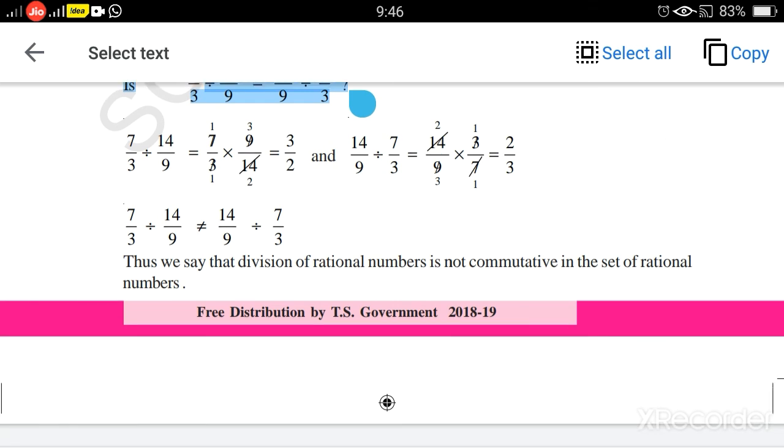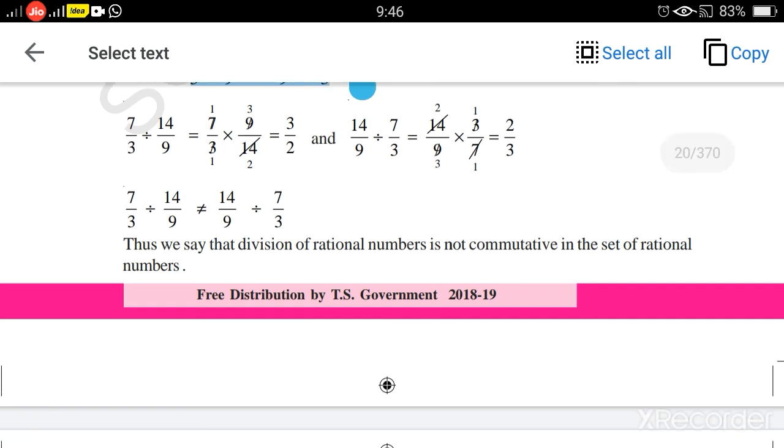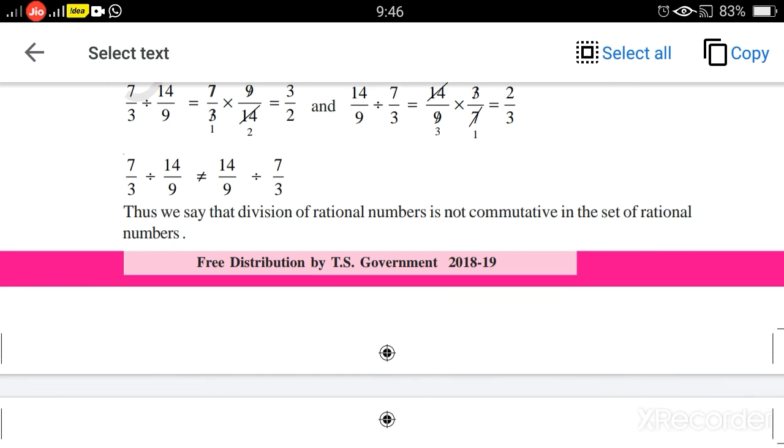In the first situation we get 3/2, and in the second, after changing the order, we get 2/3. Both ways we did not get the same answer, so we conclude that division of rational numbers is not commutative in the set of rational numbers.